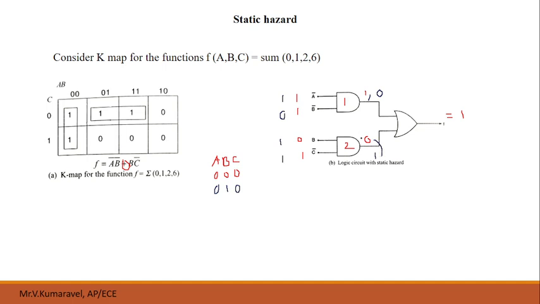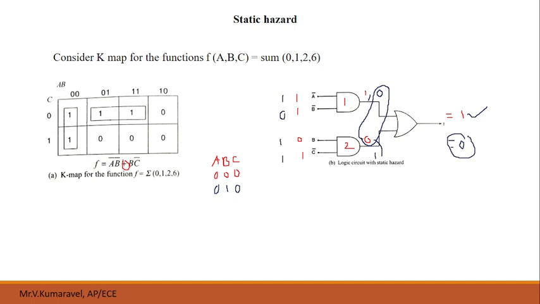In that time interval, both AND gate 1 and AND gate 2 outputs are 0. So in this time interval, instead of 1, you will get 0. This is nothing but static hazard. We are expecting our output to be 1, but instead of 1 we are getting 0. This is called static hazard.